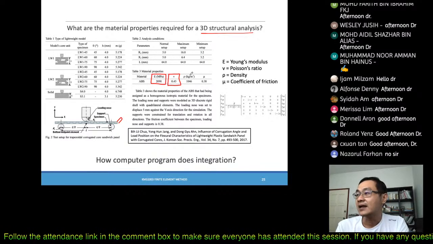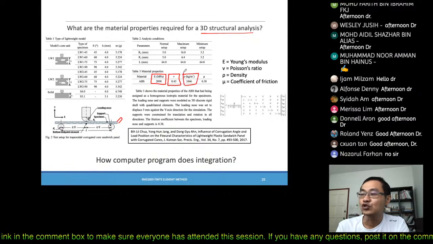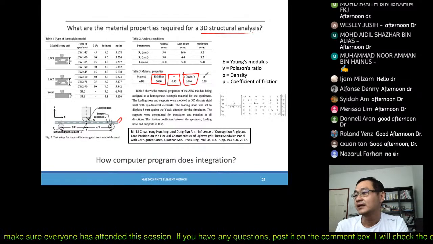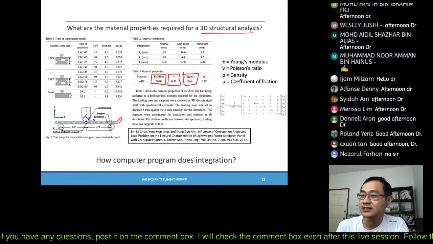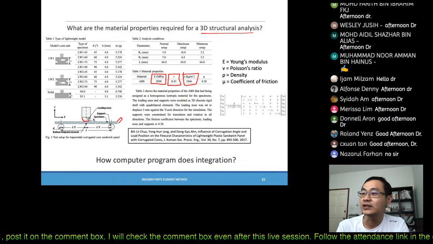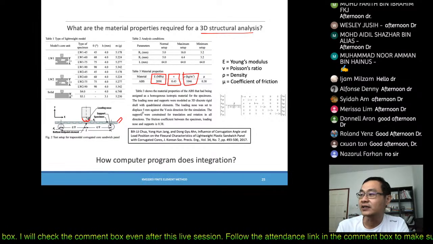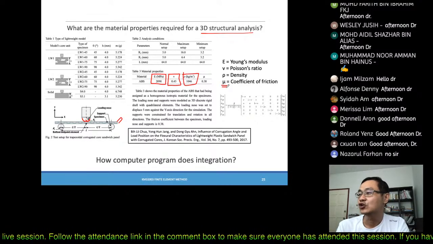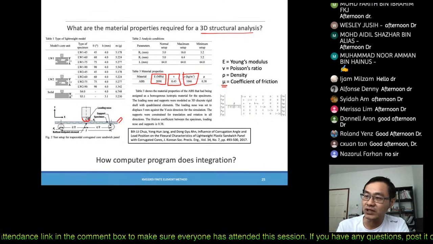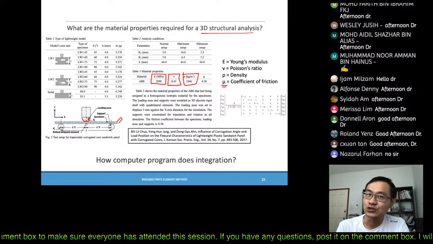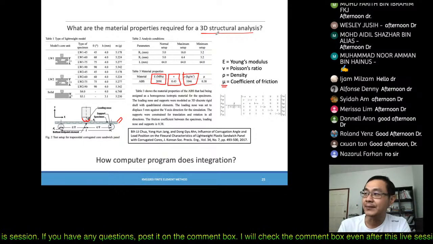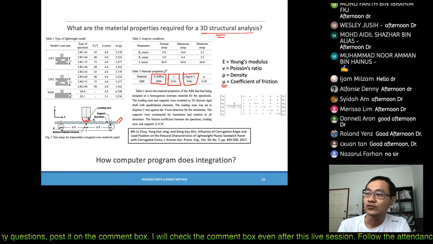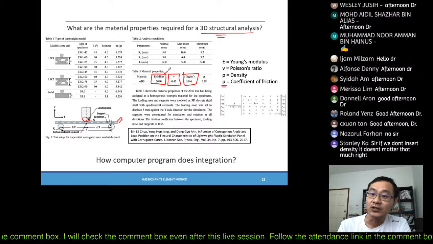Others like density, you may need to define the body force. And since there are interactions between the loading nodes and the corrugated bar, in this paper they include a coefficient of friction between these two objects.